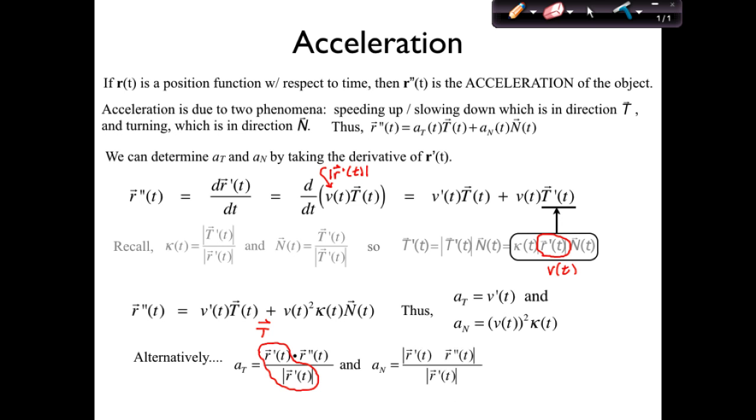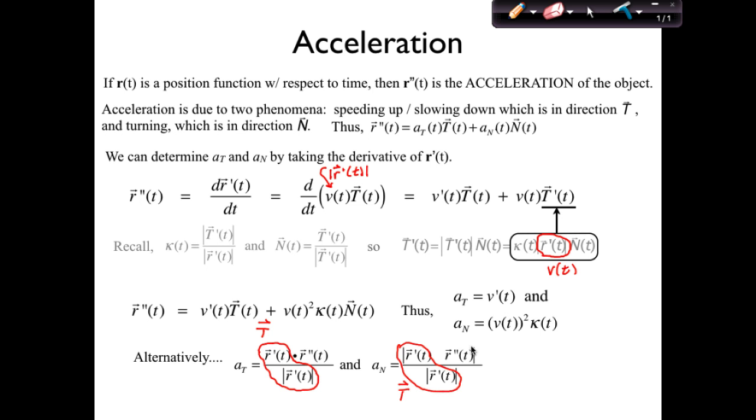And then, again, we can kind of see T in there. So now, if it's the acceleration due to turning, do we want how much of that is in the direction of T or orthogonal to T?